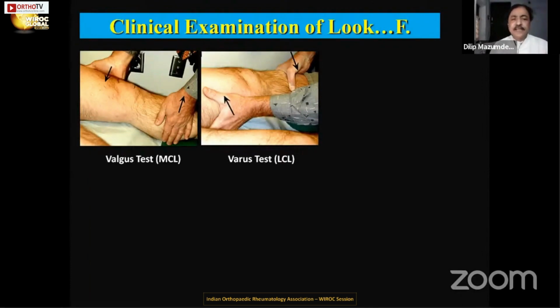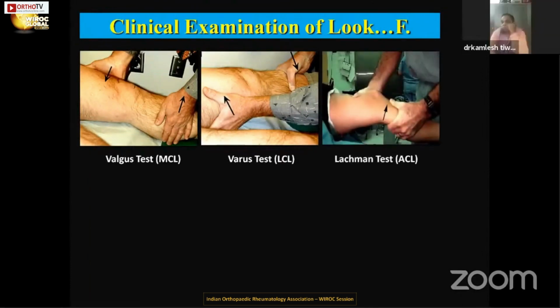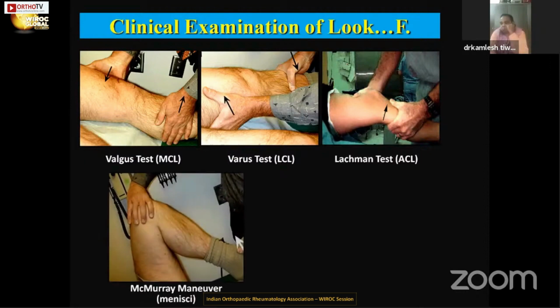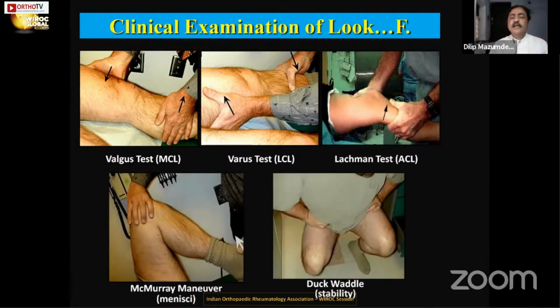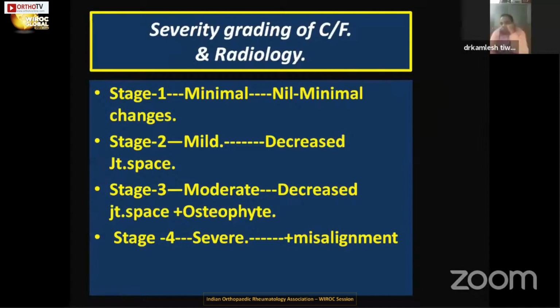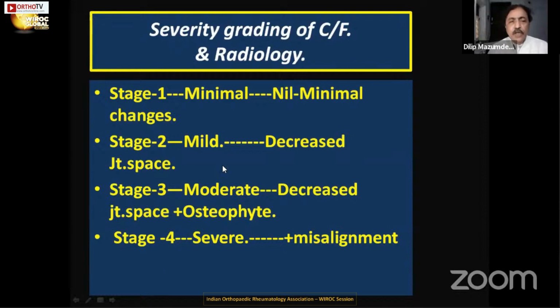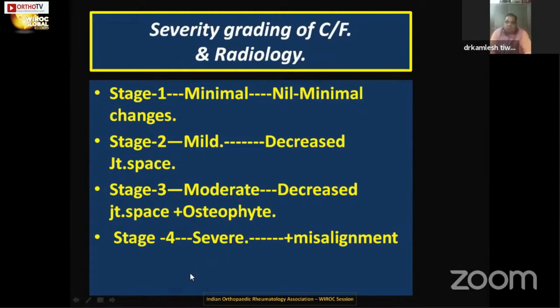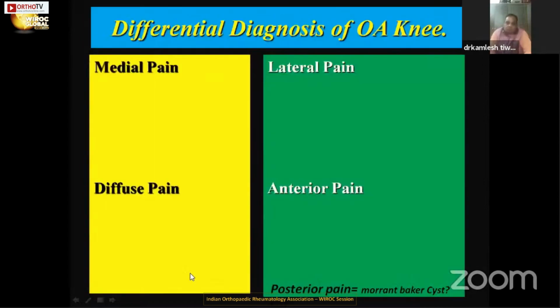Valgus test and varus test for laxity of the ligaments, Lachman test for the anterior cruciate, McMurray test for the meniscus, and duck waddling for the squat. So, severity: stage 1, stage 2, stage 3, stage 4. Minimal changes, minimal joint diminution, then more decreased joint space with osteophytes, and alignment is lost in stage 4.